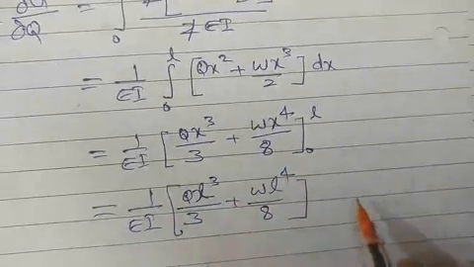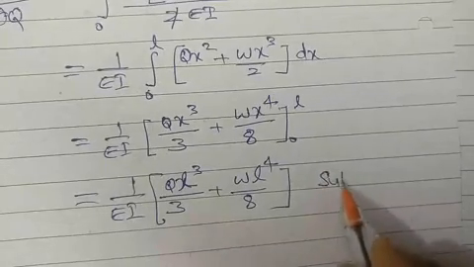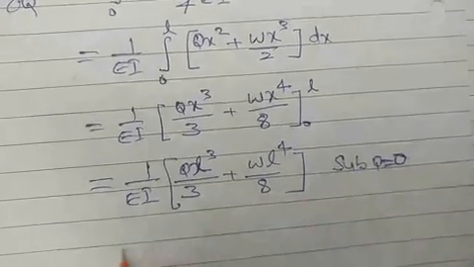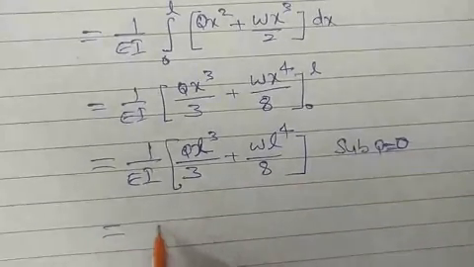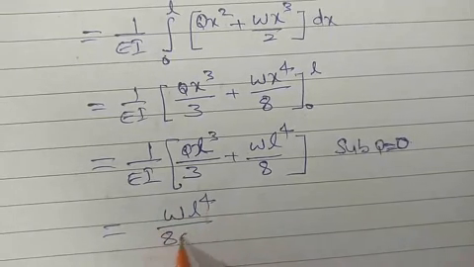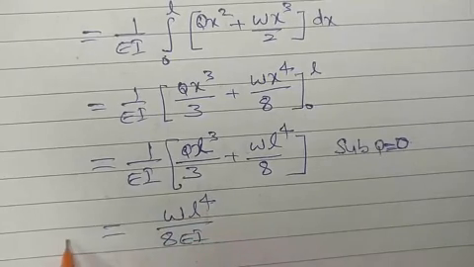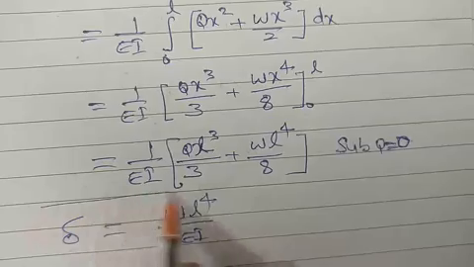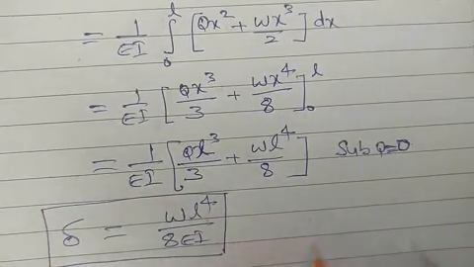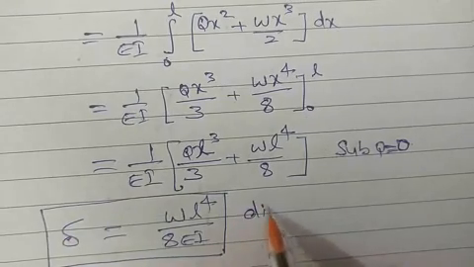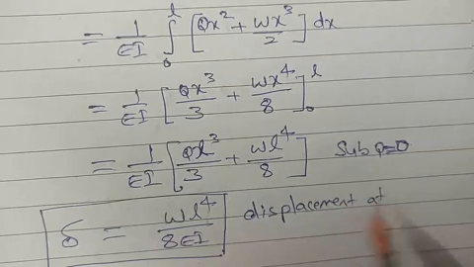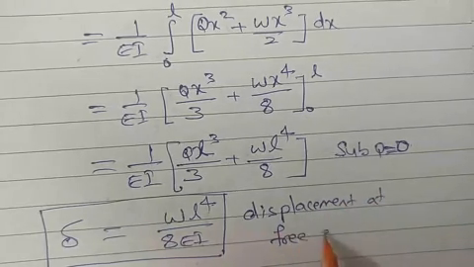Now substituting Q is equal to 0 because this is imaginary force, it will become delta is equal to W L to the power of 4 by 8EI. This is how we calculate displacement at free end.